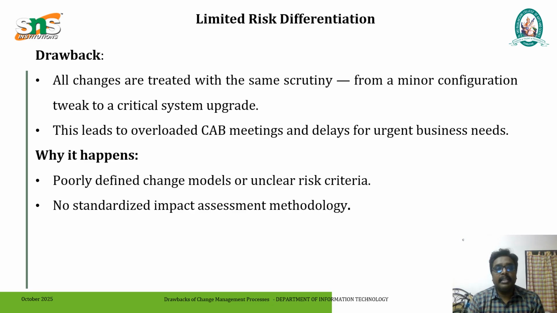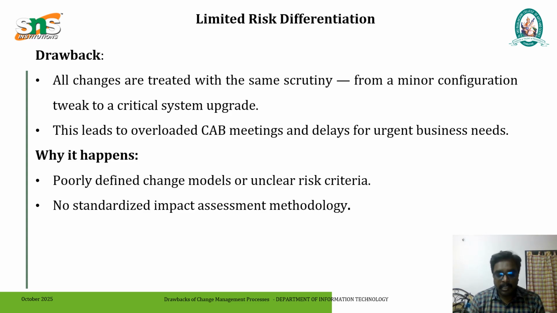Next, limited risk differentiation. All changes are treated with the same scrutiny, from a minimum configuration change to a crucial system upgrade. Here prioritization is not implemented, though it is being implemented in later stages. This leads to overloaded meetings and delays for urgent business needs.